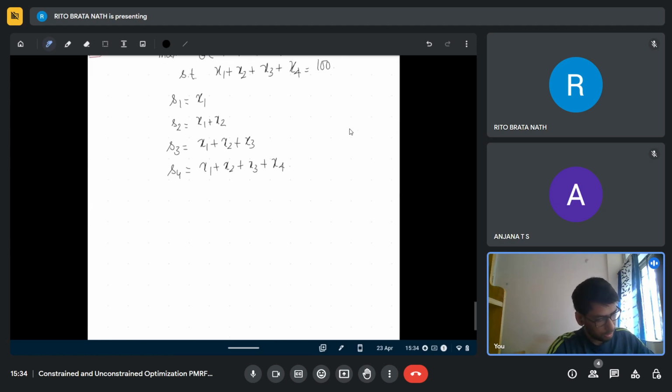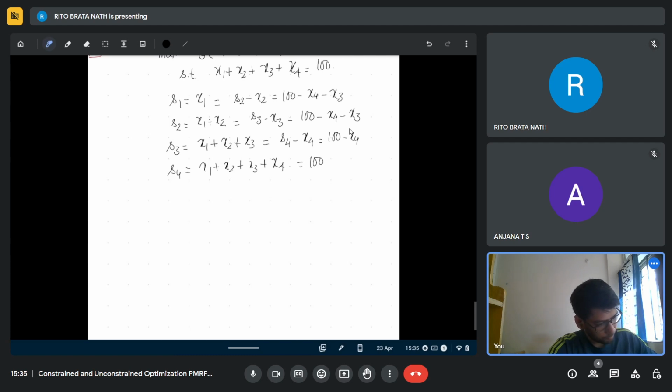So that means your s4 is 100, your s3 is nothing but your s4 minus x4, which is 100 minus x4. This is nothing but s3 minus x3. So your s3 is 100 minus x4, and this is minus x3. And this is s2 minus x2.